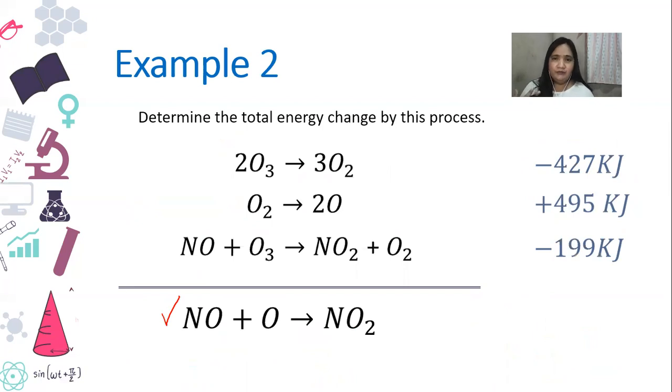Another rule of thumb that I follow when solving such problems is to look for an element or a compound that is unique, meaning I don't see it in other reactions, like here, NO. I have to leave it here because I can't see any NO in the other two reactions. So I'm just going to leave it so that equation stays put.